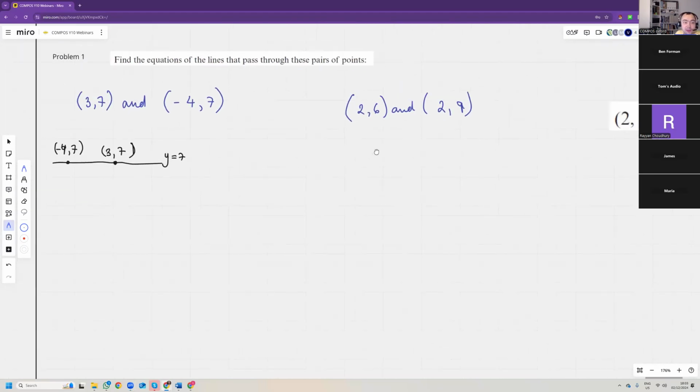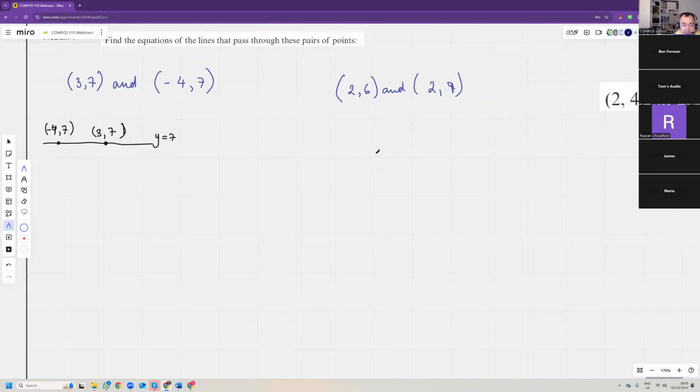This one, similarly, has the same x coordinates. And if you draw these points, this is 2, 6, and this is 2, 9. So that's a vertical line.